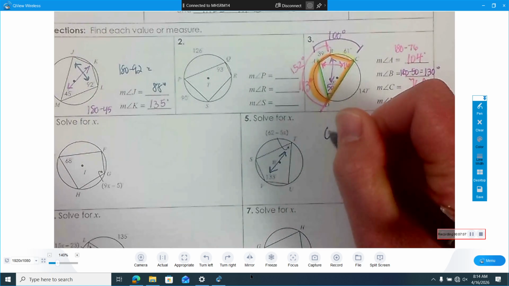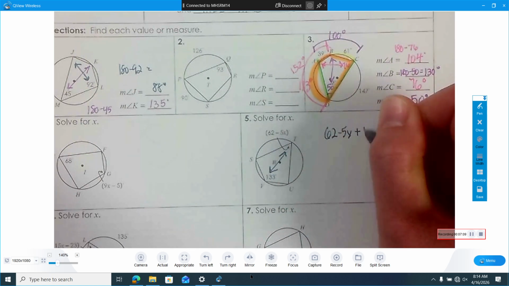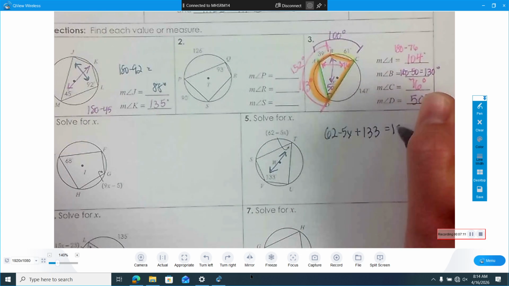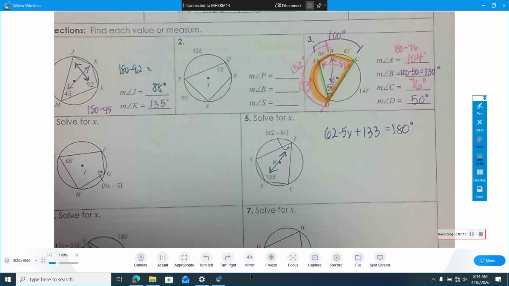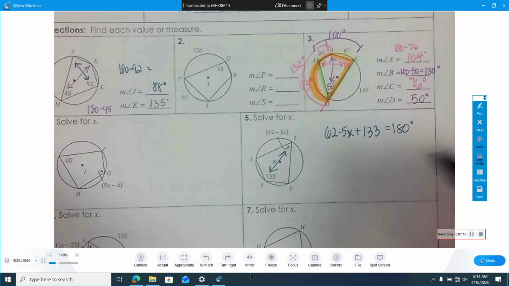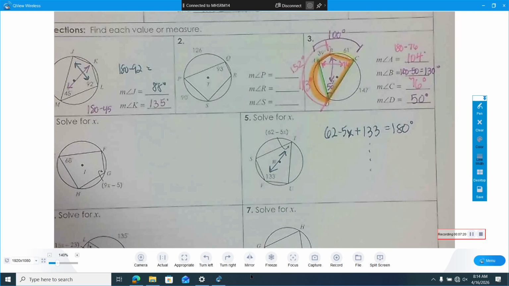So 62 minus 5x plus 133 equals 180 degrees. They are supplementary because they are opposite angles. And you can solve for x, right? Super.